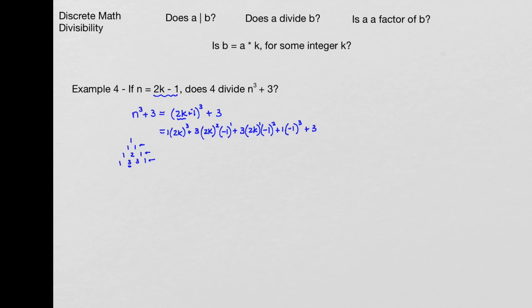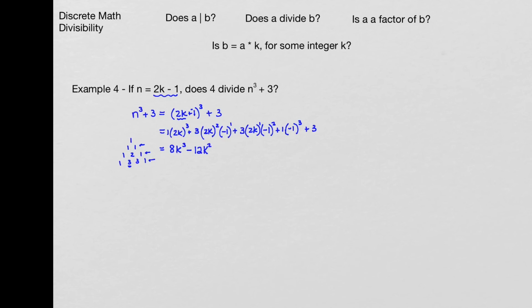Okay, so now let's simplify this, and I get 8k cubed plus, well, I don't want a plus, do I? It's going to turn out to be a minus because we have a negative 1 times 3 times 2k squared. So 2k squared gives me 4k squared, and then times 3 is 12k squared, times the negative makes it a negative 12k squared.